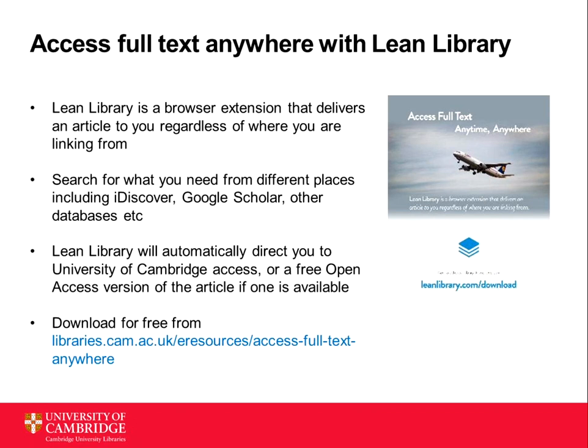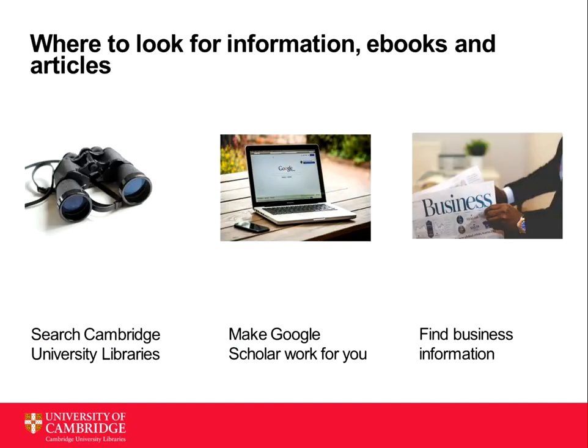And even neater, making your work easier and faster, Lean will automatically deliver you an open access version of an article, if one is available, whenever Cambridge University Libraries do not provide subscription access. Lean Library is free to download from www.libraries.cam.ac.uk/eresources/access-full-text-anywhere.